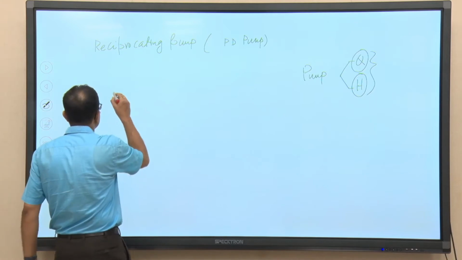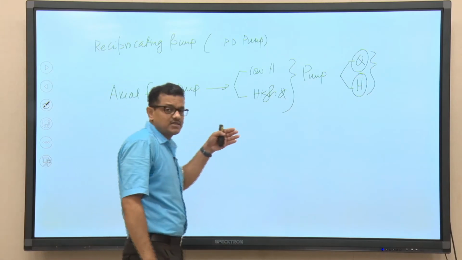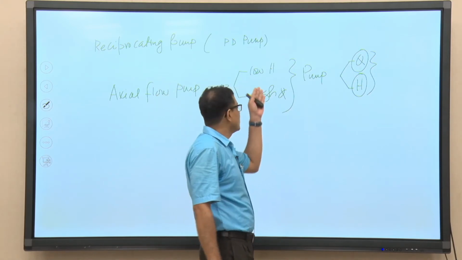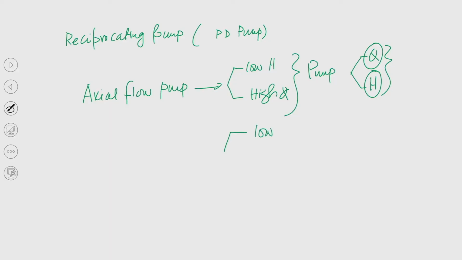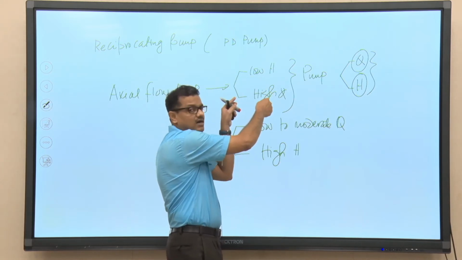Now, if we have understood that axial flow pumps are used for low head against a high discharge, exactly, now if the requirement is low to moderate flow rate and high head, you can see the axial flow pumps are used in applications where we need low head against high discharge.